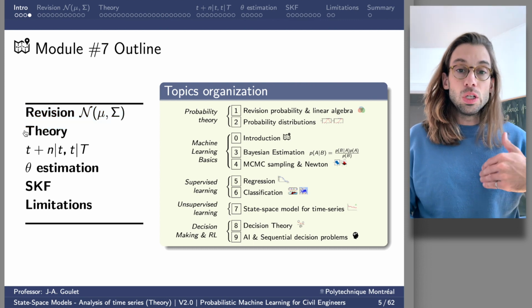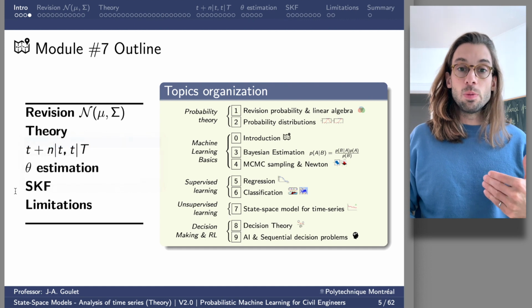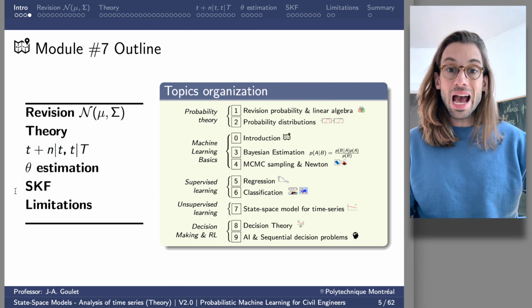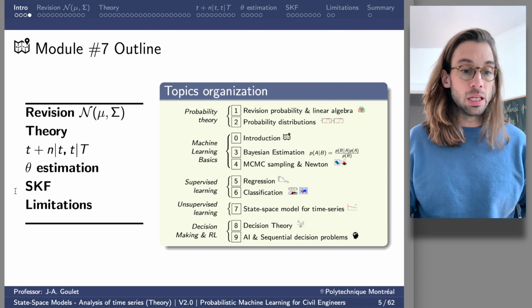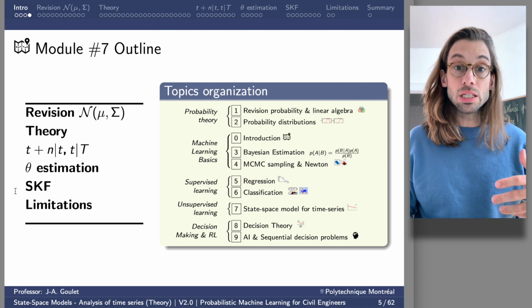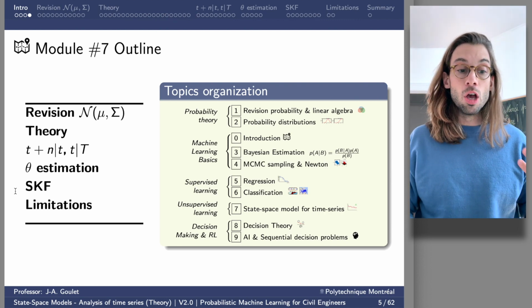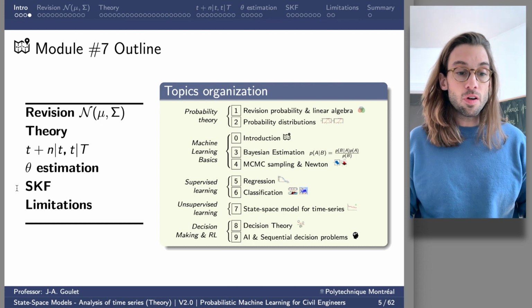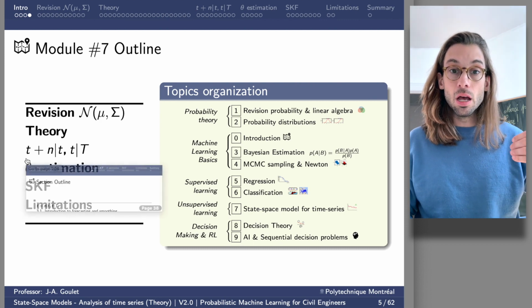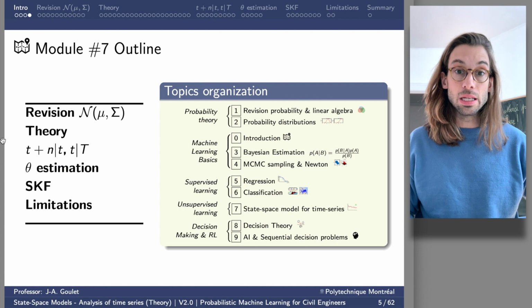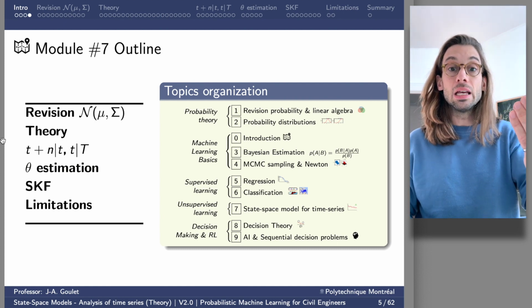Then we're going to look into the theory associated with state space models, all the mechanics that lead us to the fundamental equations. Then we'll see what we can do with these equations. We can do three main tasks. The first one is estimating the hidden states associated with a stochastic time-dependent process. The second one is forecasting what's going to happen in the future.